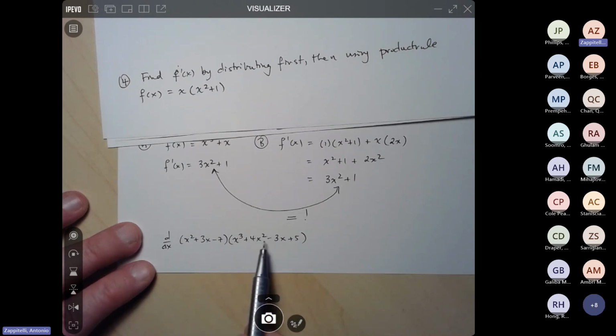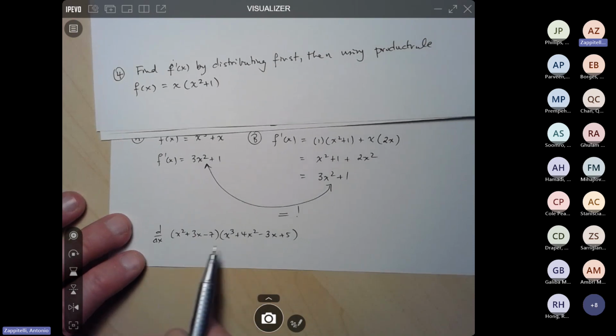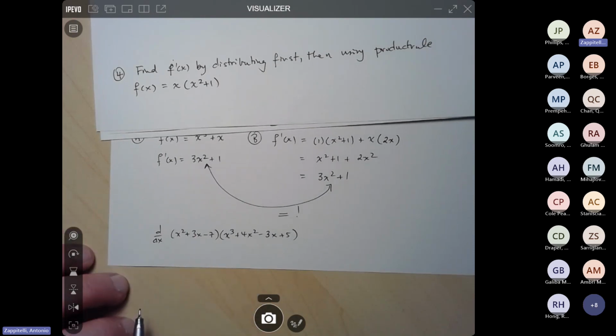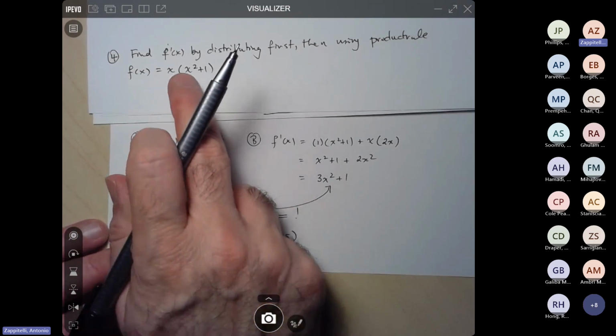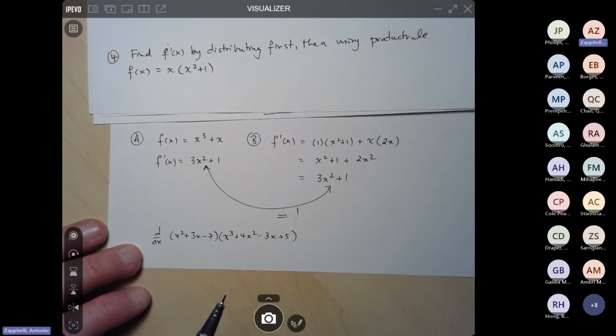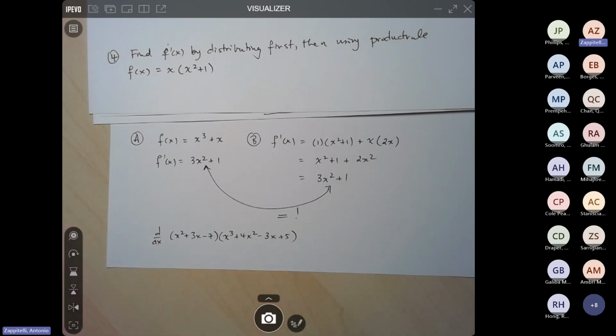I would much rather use the product rule to solve this derivative. So it all depends on the situation. Here, it's easier to distribute and then take the derivative, a little bit less time. Here, it's much faster to use the product rule than to try to expand it first. All right.